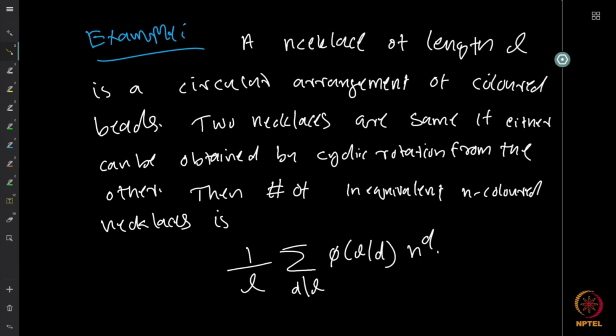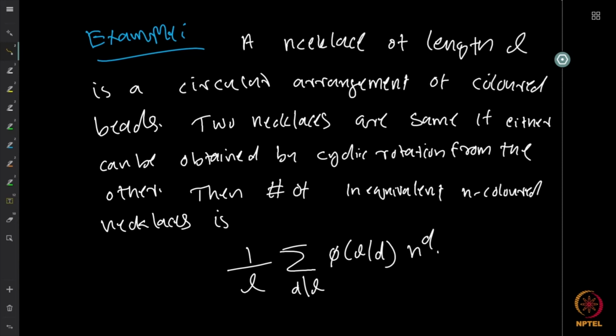So a necklace of length L is, I think we mentioned this in one of the classes a long time before, a circular arrangement of, let's say, colored beads. So we were looking at another type of necklaces that time, where instead of beads we were using cowrie shells and something like that, which is slightly different in some sense. But for the time being, we have uniform circular beads.